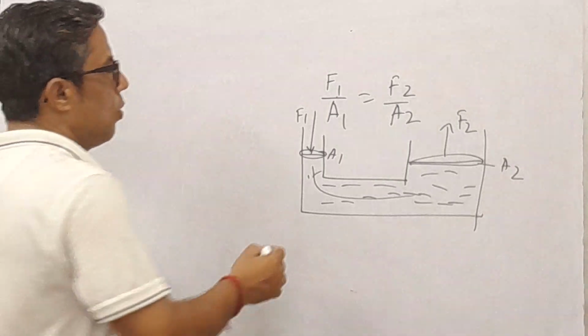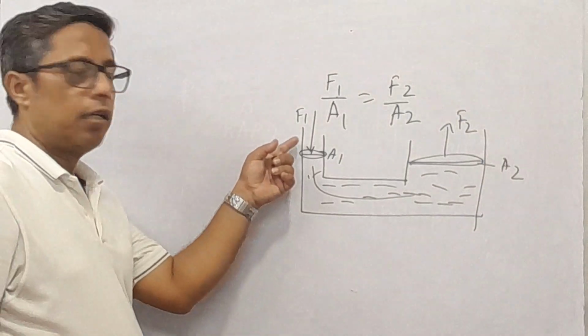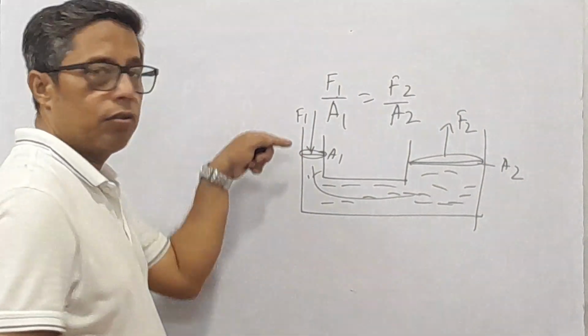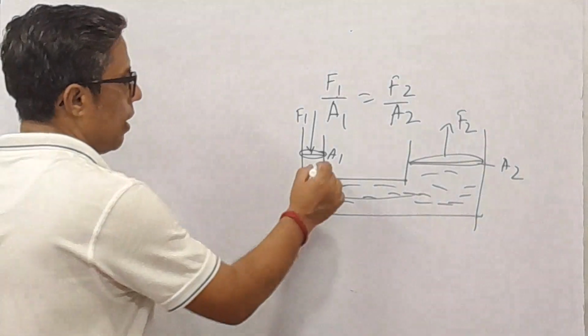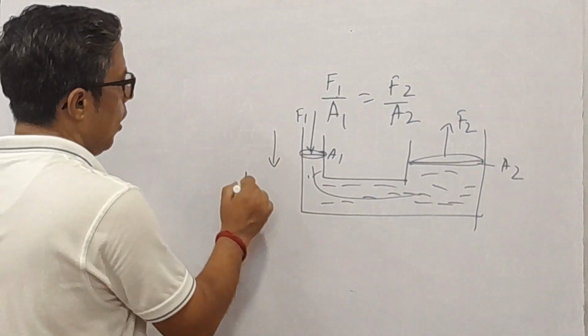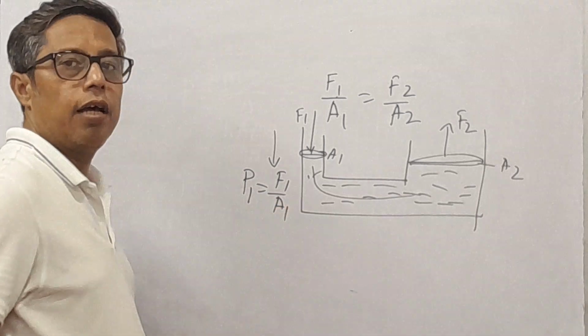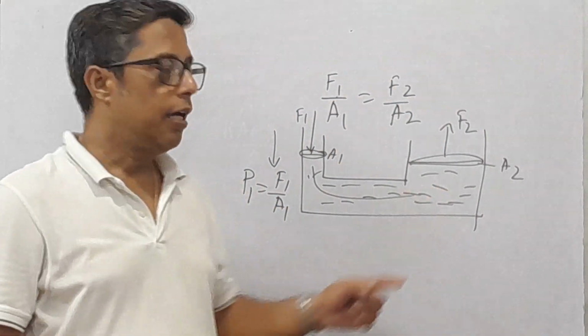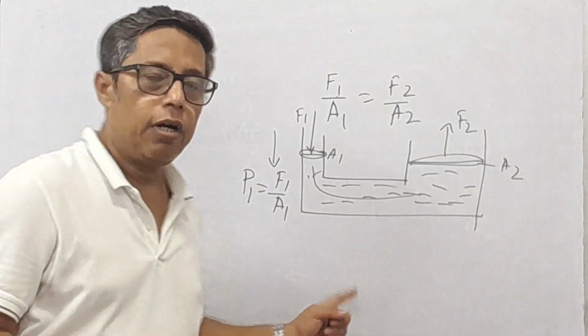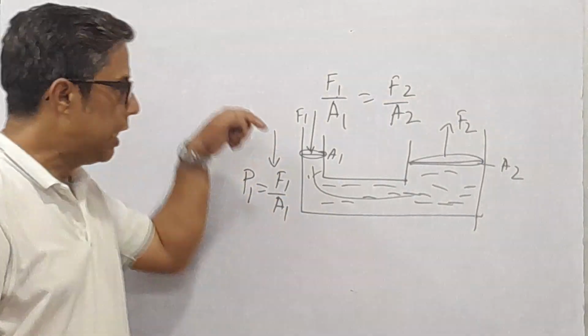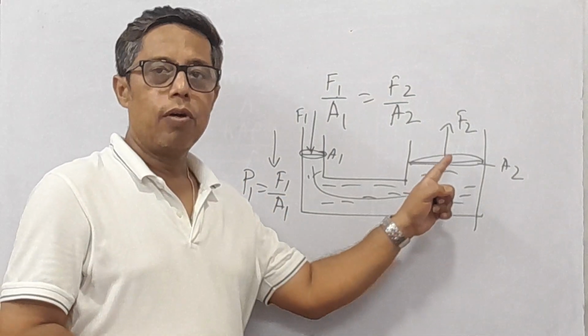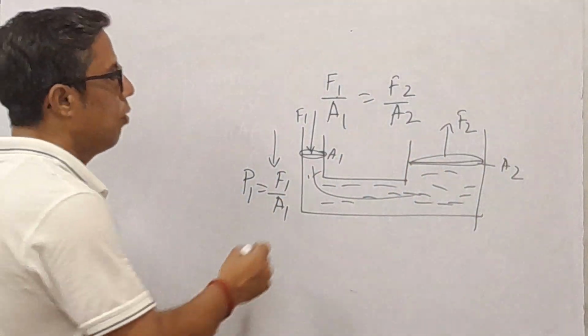So what happens whenever F1 is applied through the piston to the area A1? The pressure acting here is P1 equal to F1 by A1. Now, according to Pascal's law, the same pressure will flow inside this closed container.